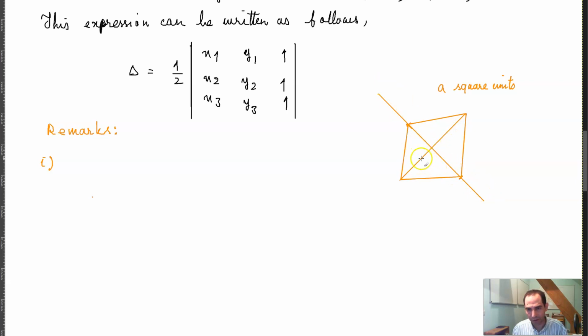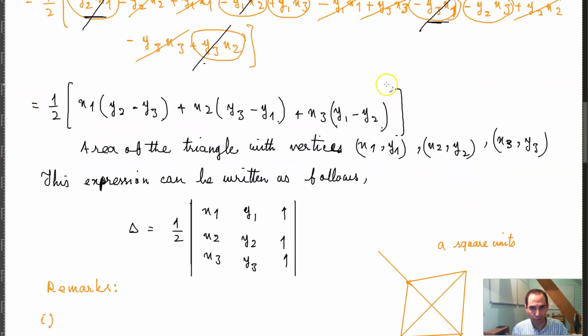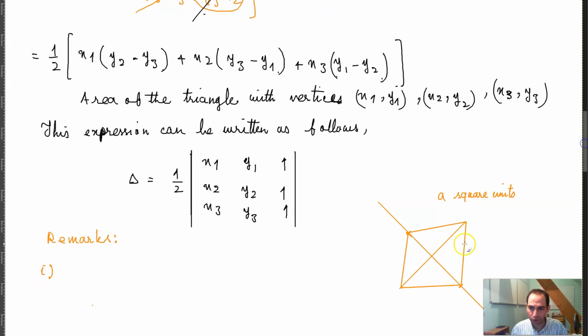But sometimes if you put the coordinates of the triangle below into this formula, the formula will give you a negative value. And if you put the coordinates of the 3 points of the triangle on the upper side of the line into the formula, you will get a number with the same magnitude, but with a positive value.